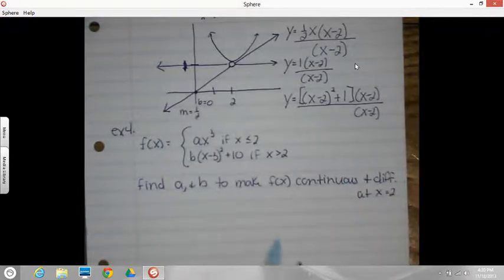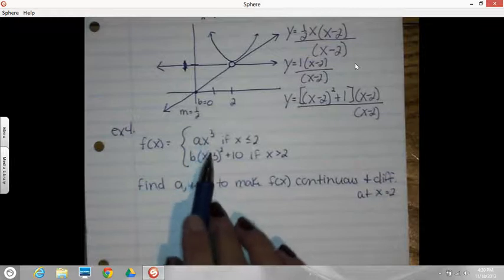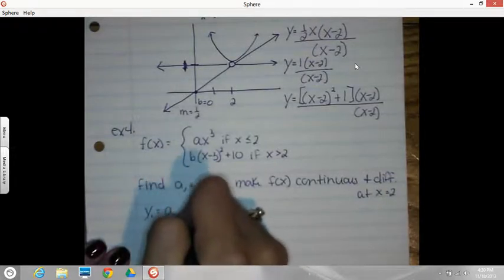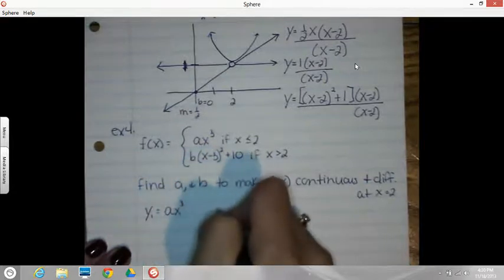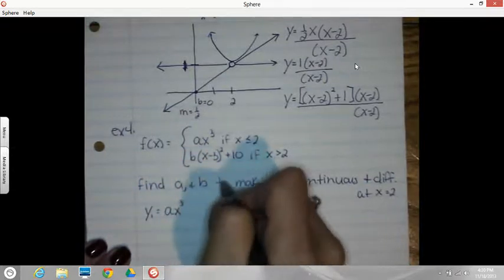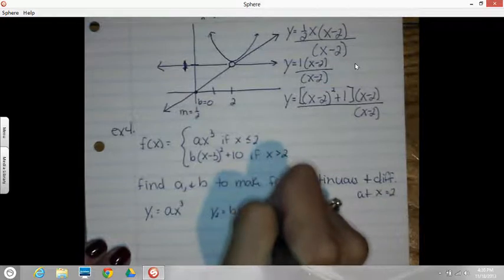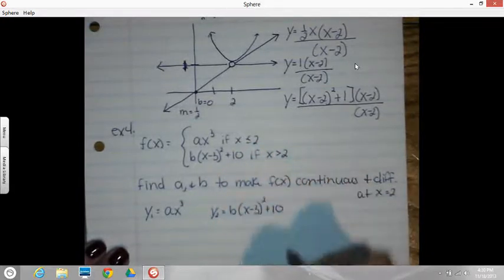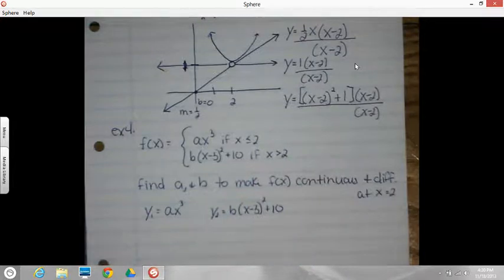Think of this as two separate equations. Let y1 equal ax cubed, and let y2 equal b times (x minus 3) squared plus 10. To be continuous, they have to have the same y value when x equals 2.